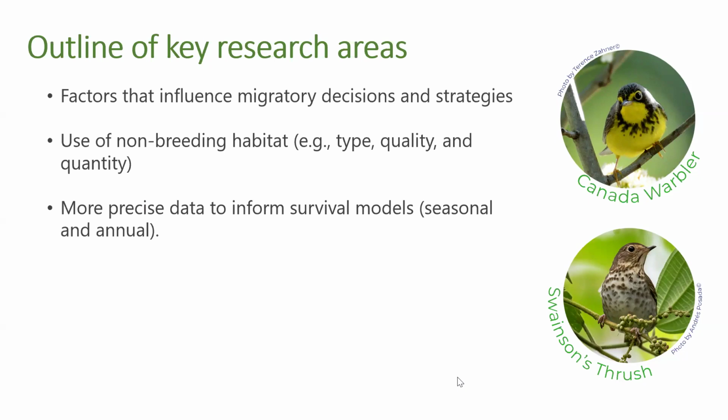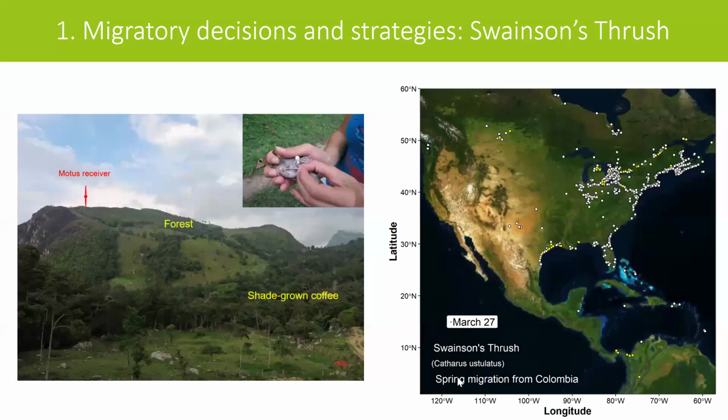The use of non-breeding habitat, especially during the winter, focusing on the type of habitat that these birds are using, the quality and the quantity that they require, and also I'm going to talk a little bit about more precise data to inform survival models, both seasonal and annual survival models. And this is with the use of Motus technology.